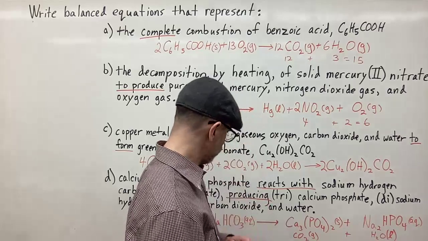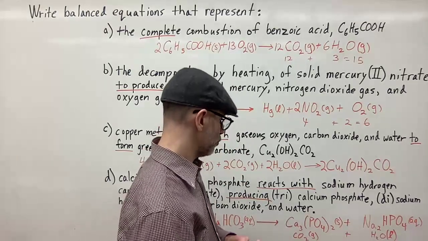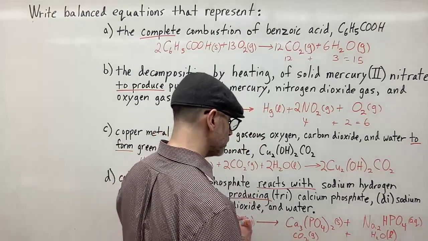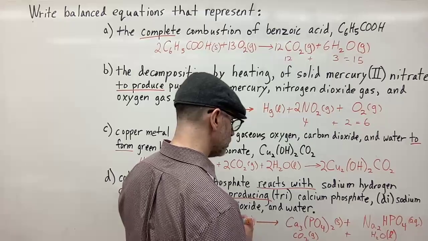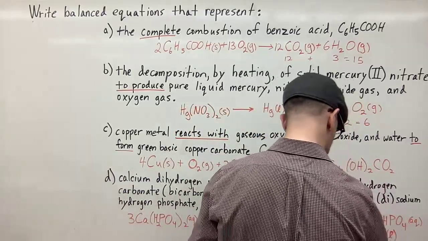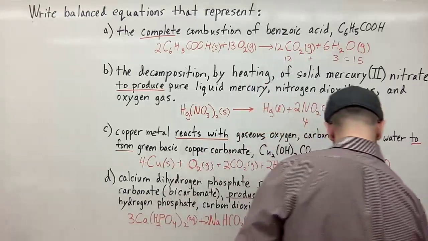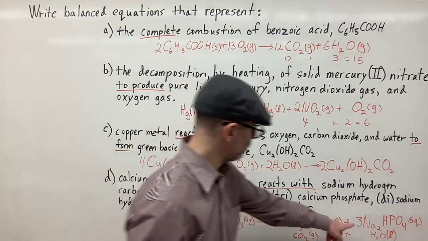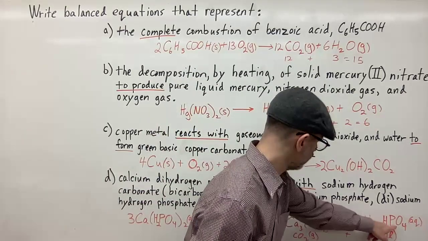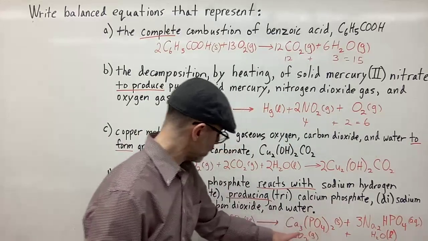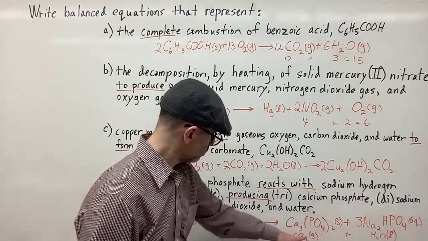So how can I do that? I could do that by putting, let's see, I could put a 3 here, like so. That would give me 3 more. 3 times 1 is 3, plus the, actually that wouldn't work.